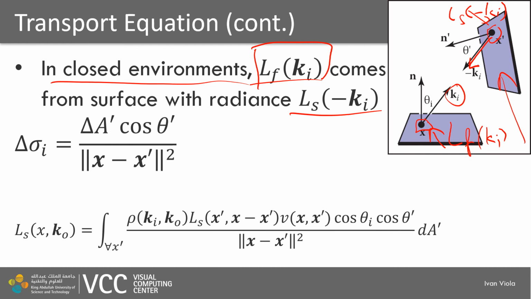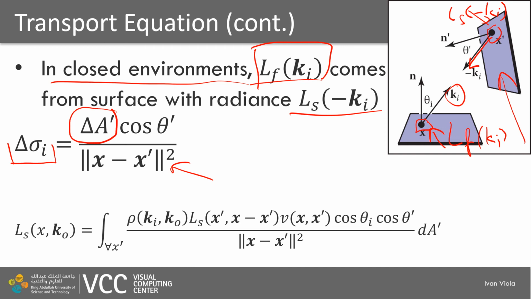Now, we can also calculate the solid angle interval by measuring the projection of our small area at x prime and scaling it by the distance between the surface point x and the surface point x prime, squared. Because with this, we are basically creating a very long and thin cone, and this characterizes the solid angle of such a cone.